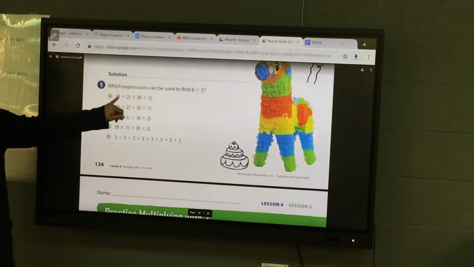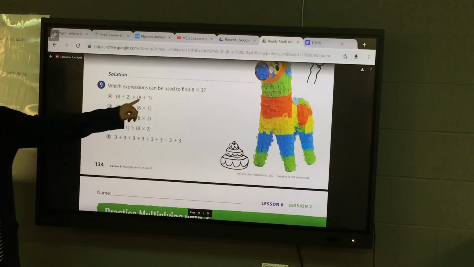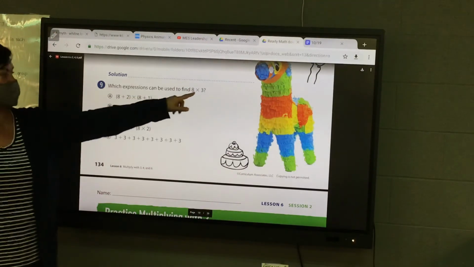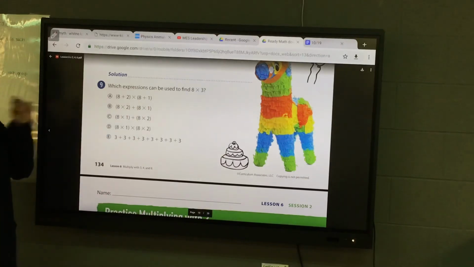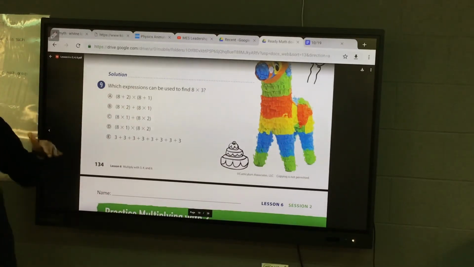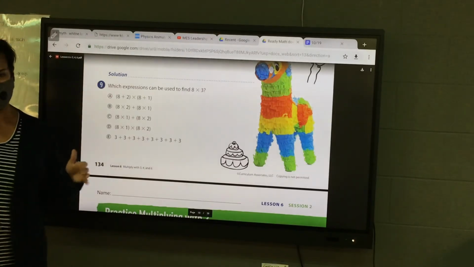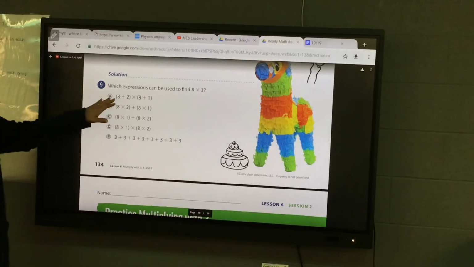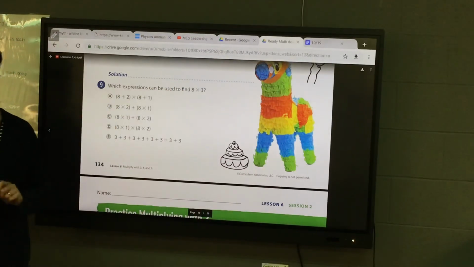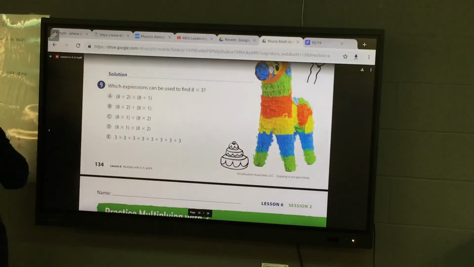So both 8s here, did they split up the 3s? No. Did they split up 3 into 2 and 1? Yes. Oh, but look at their symbols here. 8 plus 2 times 8 plus 1? That's like saying 10 times 9. Is that the same thing? No. No, so what can we do with A?